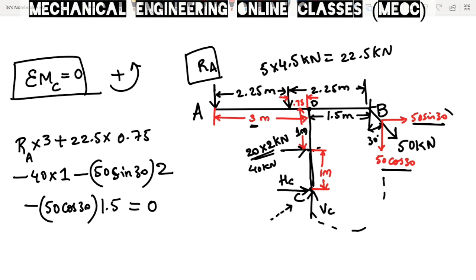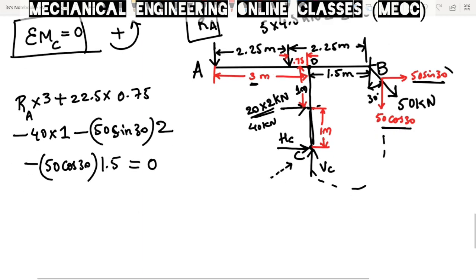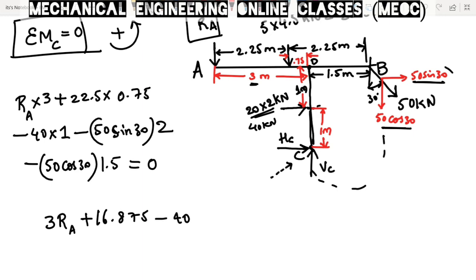Now let us solve this equation for RA. So it is 3 into RA plus 22.5 into 0.75, which will be 16.875, minus 40, minus 100 sin 30, minus 50 into 1.5, which is 75 cos 30.